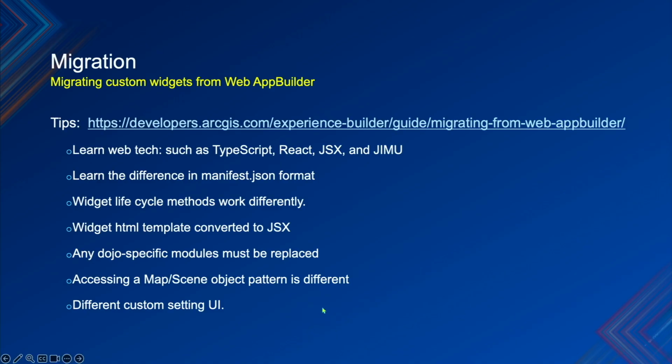And then the custom setting panel UI pattern is also different in Experience Builder. Overall, we would recommend you get more information about custom widget development in Experience Builder from the documentation if you are going to migrate custom widgets from Web AppBuilder.